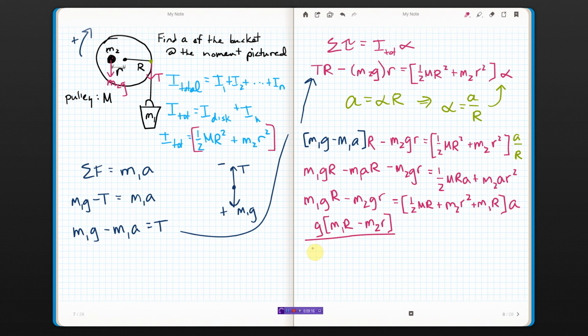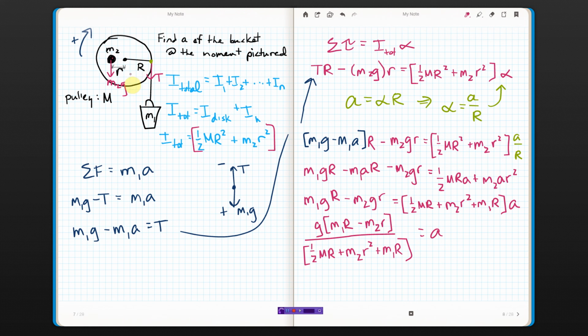There's nothing I can pull out. 1/2 M big R squared plus M2 little r squared plus M1 big R equals A. Ta-da! Okay. So, if I had numbers, I should get a positive number because I said down was positive.